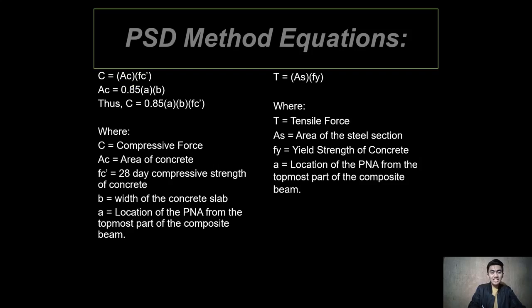A sub C is represented by 0.85 multiplied by a, multiplied by b, wherein a here is the location of the PNA from the topmost part of your composite beam. Let us try and represent this one later on. And then how about b? b is the width of your concrete slab. I repeat, b there is the width of your concrete slab.